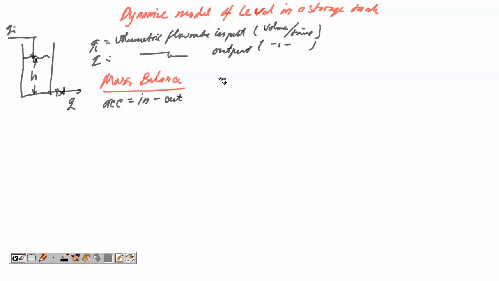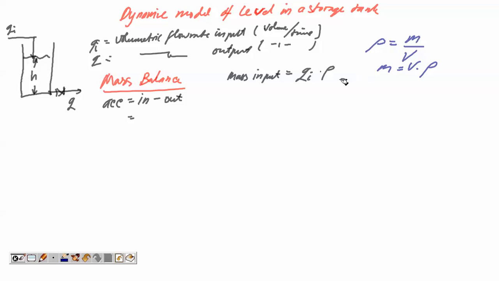Okay, the mass input here is the volumetric flow rate Qi times rho, because we have the correlation: rho is mass over volume, then mass is volume times rho.